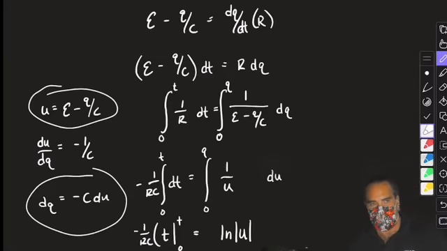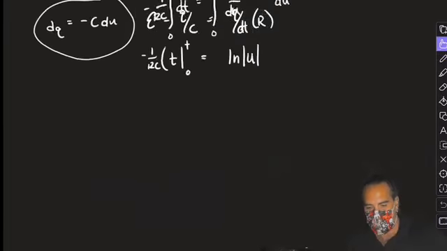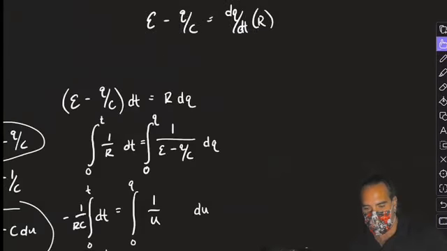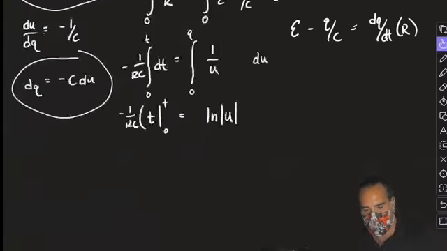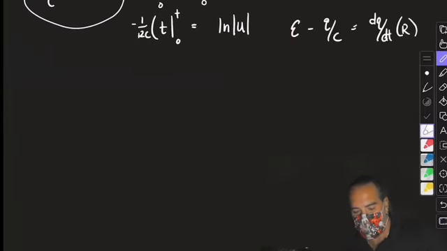I have to U sub back in my original function and then apply my original limits. But I'm kind of out of room here. So do you mind terribly if I make some room? Is that okay? So let's do our substitution.